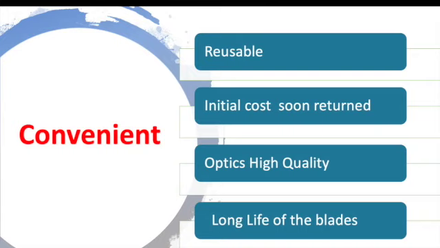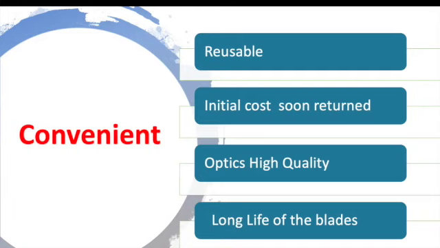Last, this is also quite important today, the shaver technique is also convenient. Why is it convenient? First of all, because the IBS is completely reusable. So the initial cost will soon be returned. Of course, the expense in the beginning is high, but after a few operations, you get it back.